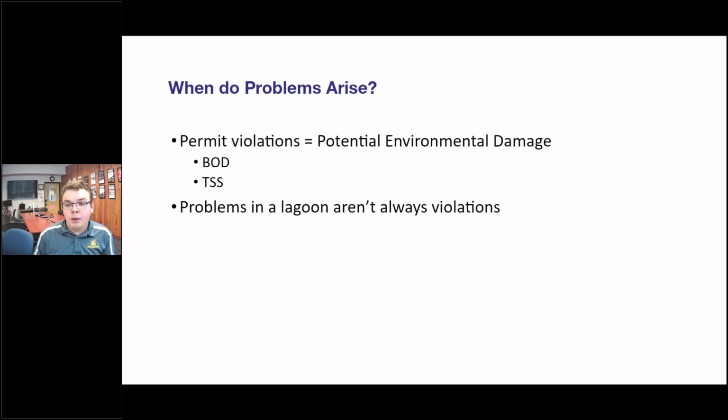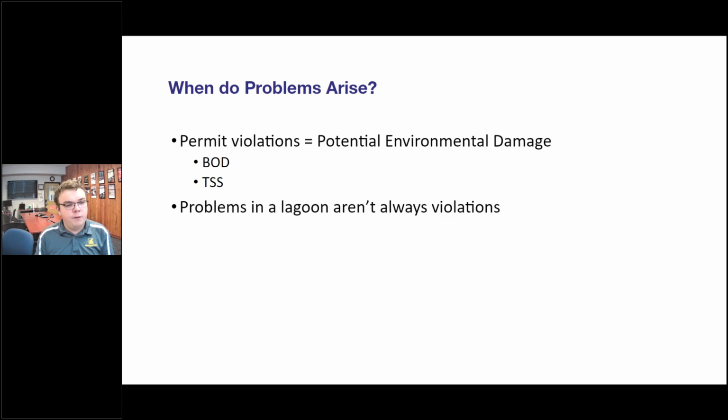So when do problems arise for a lagoon system? The first that comes to mind is permit violations. You always have to remember that if you're violating your permit, you are putting damage into the environment. For both BOD and total suspended solids, you get die-offs if you have too high levels, in different ways.